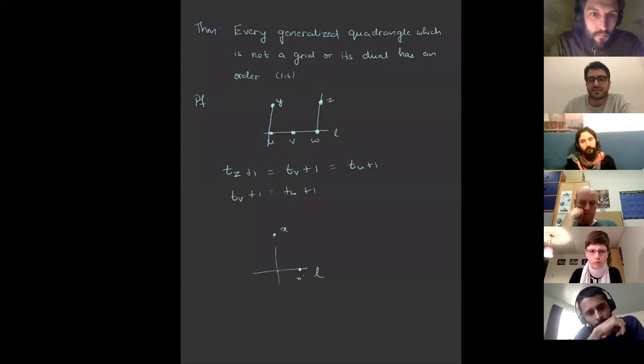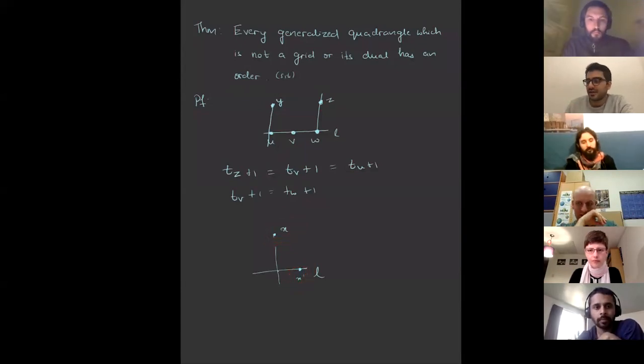There is no line passing through them. So the number of lines through x should also be equal to the number of lines through x prime. Right? So every point on the line has the same degree, or the same order, and every point outside the line also has exactly the same order. All right, so this shows the existence of the constant t.